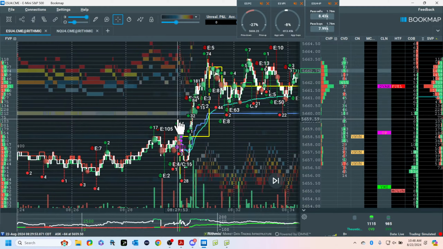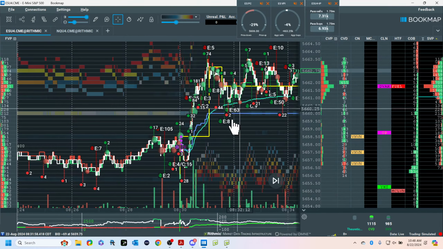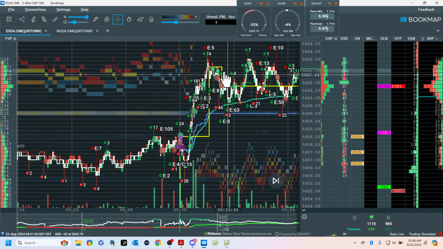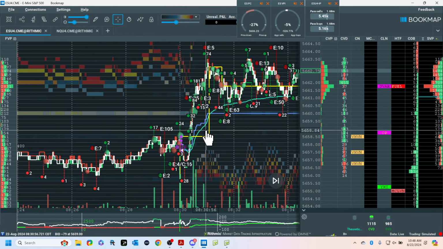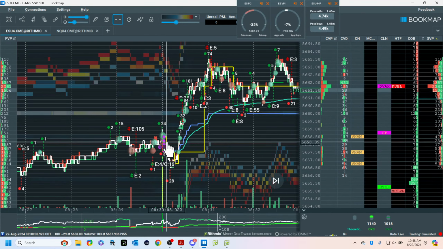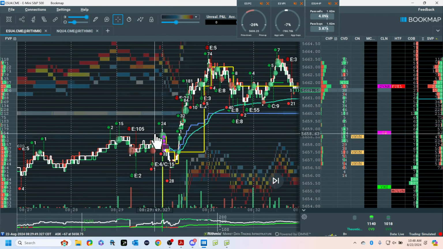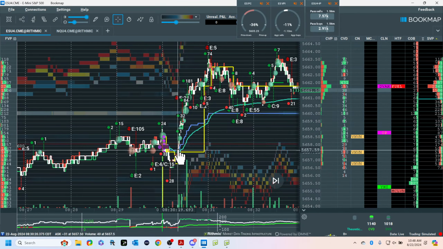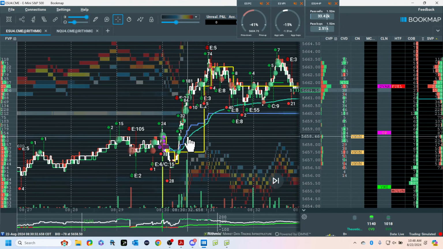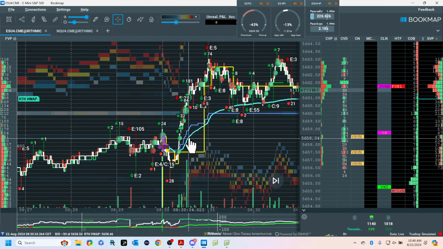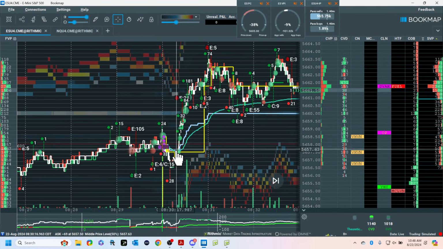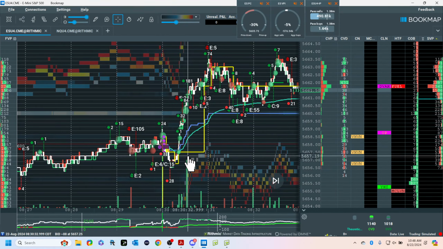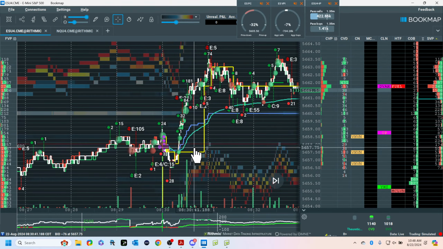So right here, now right here, I get my VPOC migration, and I'm having choice words. Why? Because this is where I was looking to get long. If this is too low and I break here and test it, I now have a level to work with here, and I know that this is too low, maybe, and definitely that would be too low.